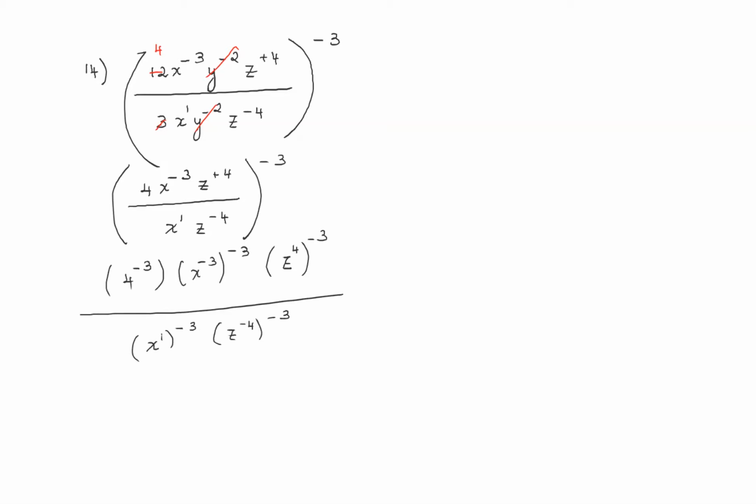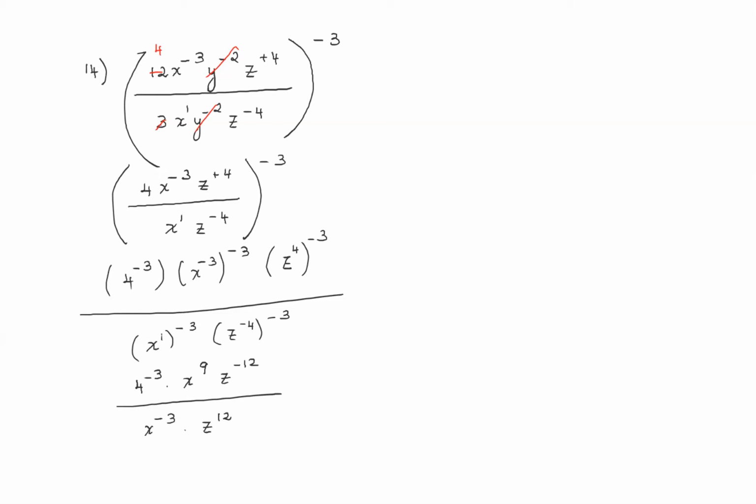Okay, so now for the negative third power, let me write it down here. 4 to the negative third, x to the power, multiply, so I get x to the power 9, and z to the negative 12, over x to the negative 3 and z to the power positive 12.